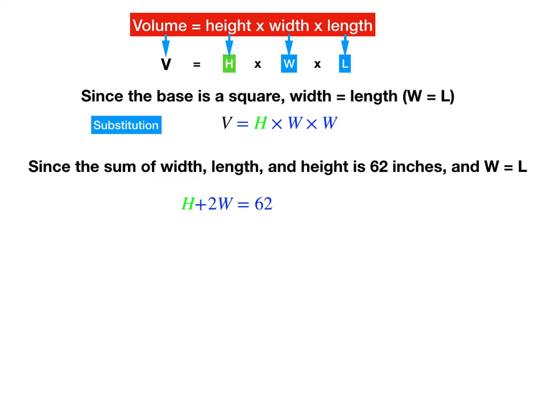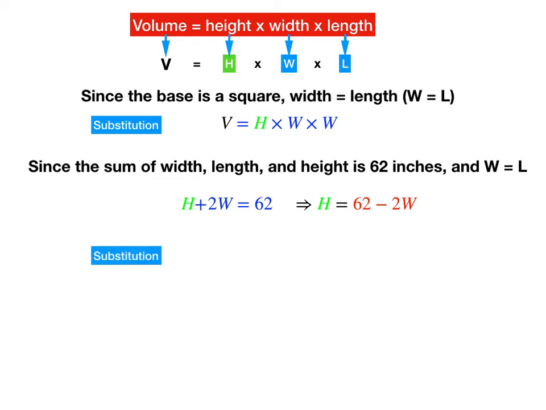Originally, it should be h plus w plus l equals 62, but we substituted l by w to get h plus 2w equals 62. Then from this equation, we can solve for h equals 62 minus 2w. You will see why we want to solve for h in this case.